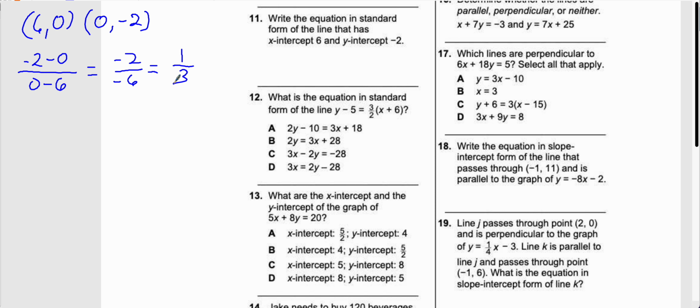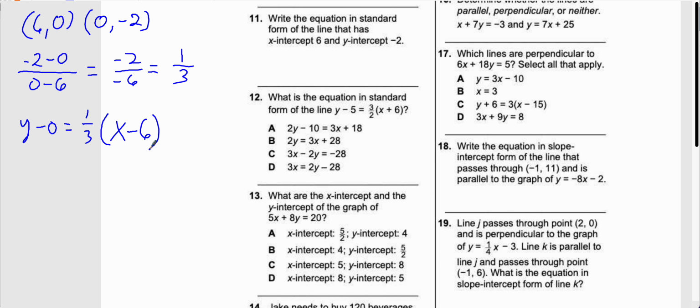Okay, so with that, I can use point slope form. I have a positive 1/3, and I have two ordered pairs to choose from for point slope form, so I can do y minus 0, which I think is going to be the easiest one to use, equals 1/3 times x minus 6.